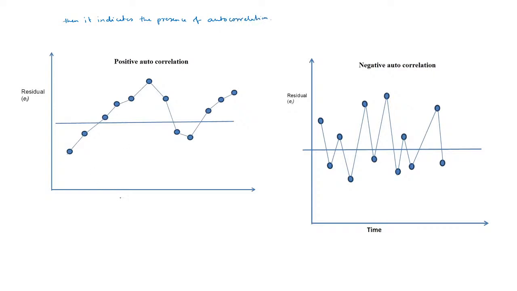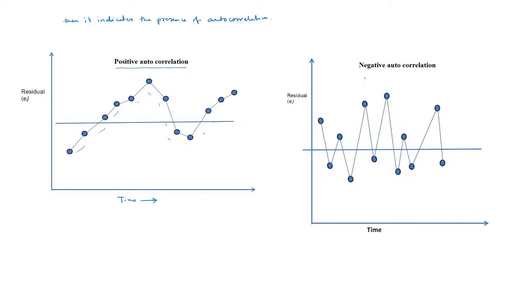Here on the x-axis we plot time. If the plot looks like this, it indicates positive autocorrelation.